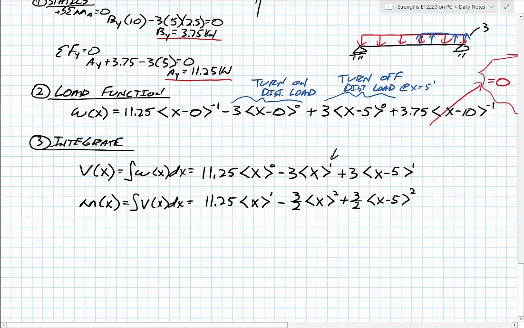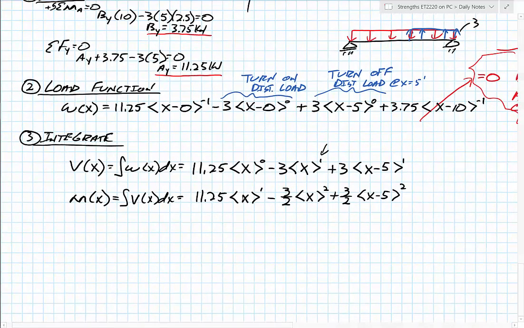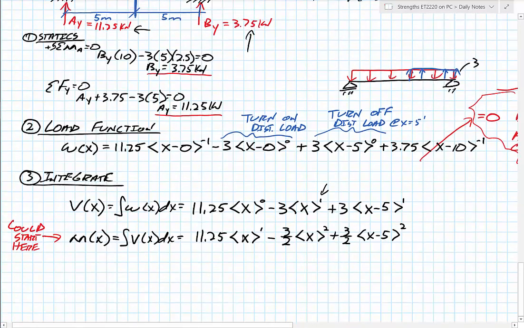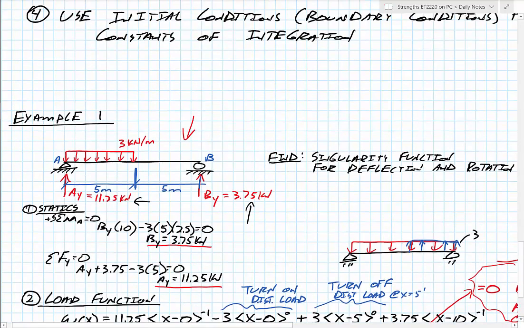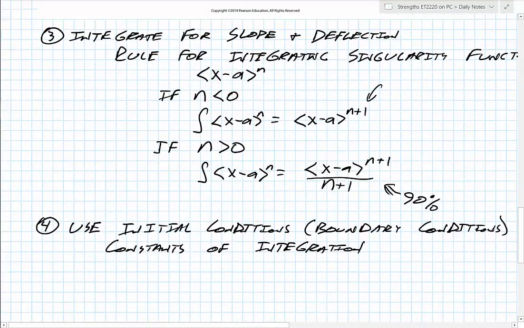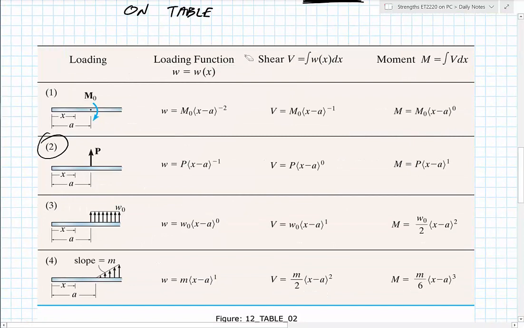Now, this is where I was saying if I wanted to, I could have started here. And the way I do that is I go back to this. I have my original loading function, right? Or my original loading. And instead of using the loading function column, I can use the moment column.